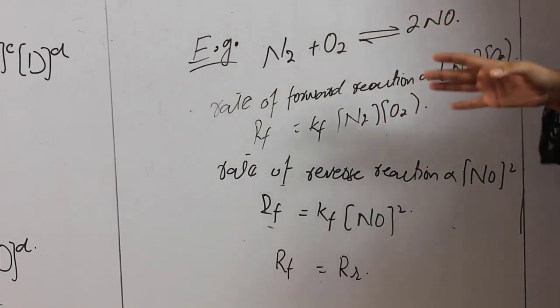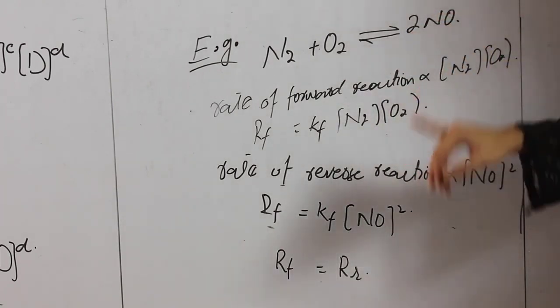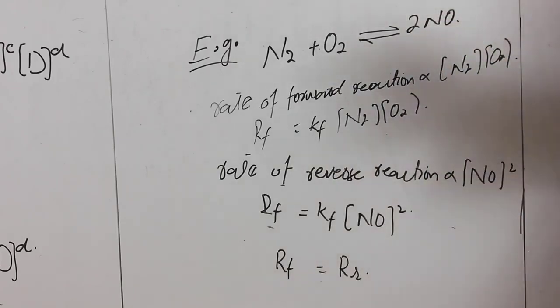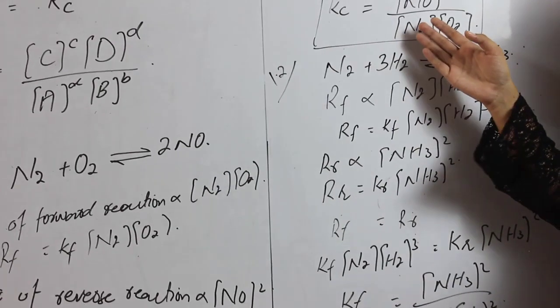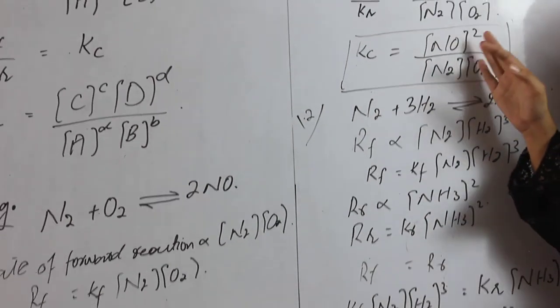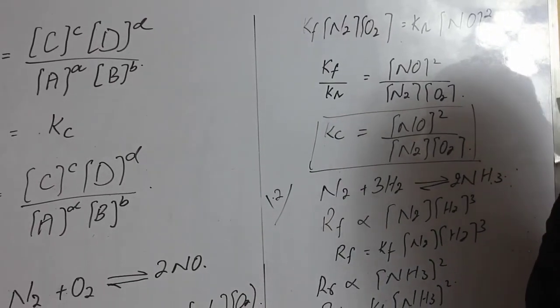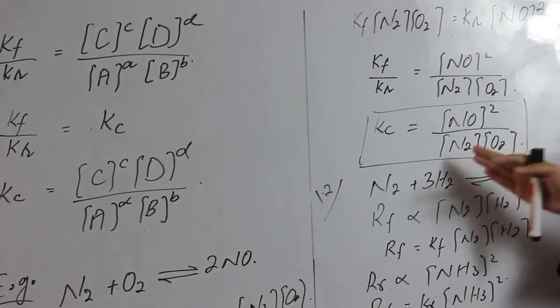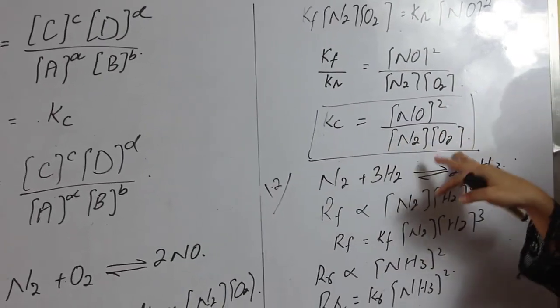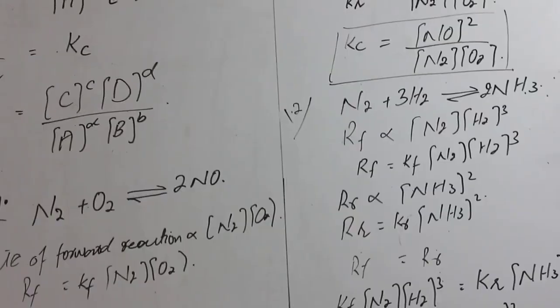First we calculate the rate of the forward reaction, then the rate of the reverse reaction, and calculate the equilibrium constant: Kc is equal to the active mass of nitrogen oxide raised to its coefficient, the number of moles, divided by the product of the nitrogen gas and the oxygen gas.